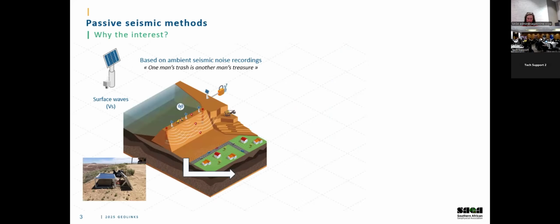We've got sound waves moving through the ground, bringing information to our sensors, and we're measuring surface waves in this case, which are dispersive and allow us to plumb different depths for information by looking at different frequencies.